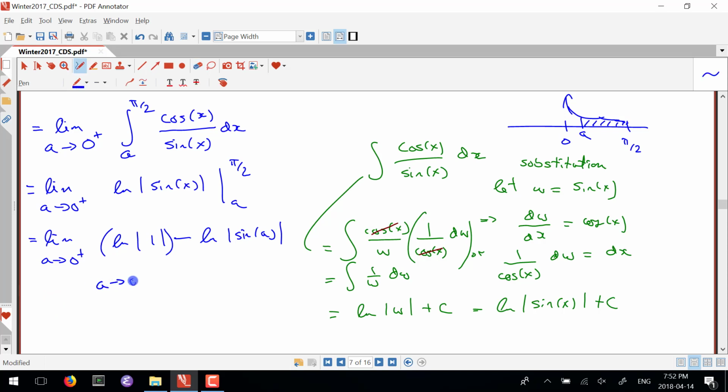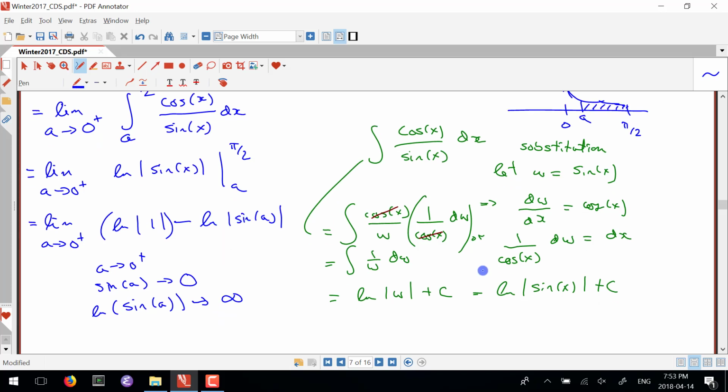As a approaches 0 from the right, sine of a is going to approach 0, and ln of sine of a then, ln is undefined at 0. If you think of the graph of ln, as you get closer and closer to 0, that is going to approach infinity.